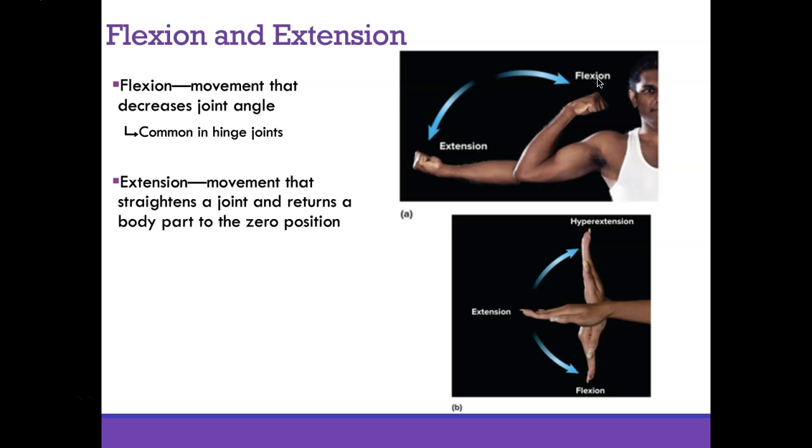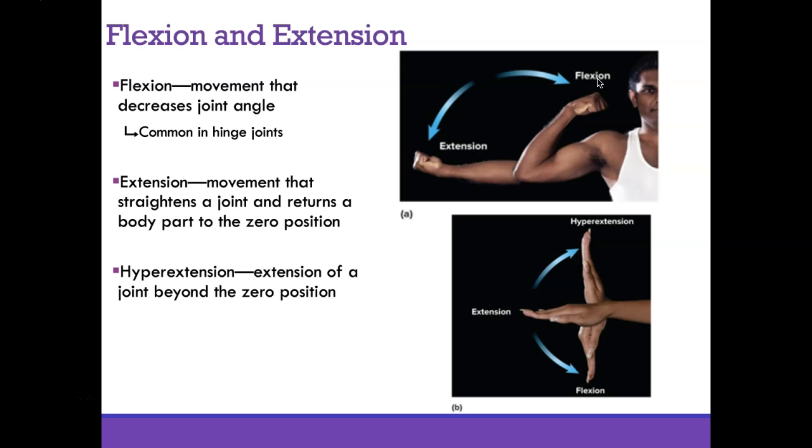So everyone flex at the elbow and then extend. If you were to reach behind your back, that's called hyperextension. So you extended the joint beyond the zero position. Again, everyone flex, then extend, and hyperextend.